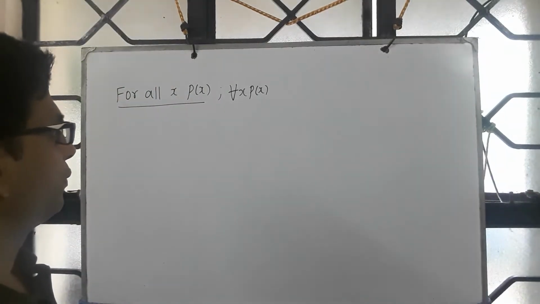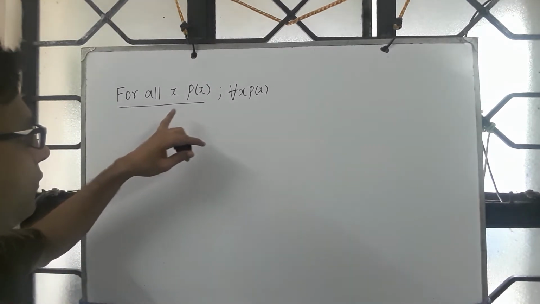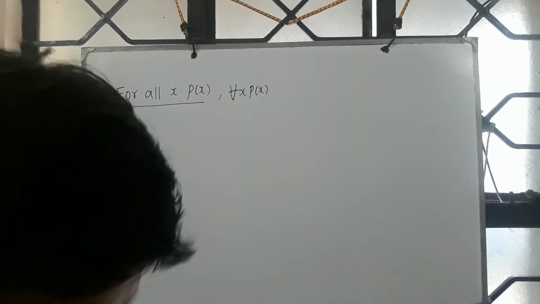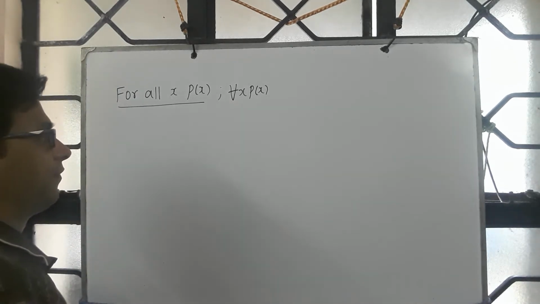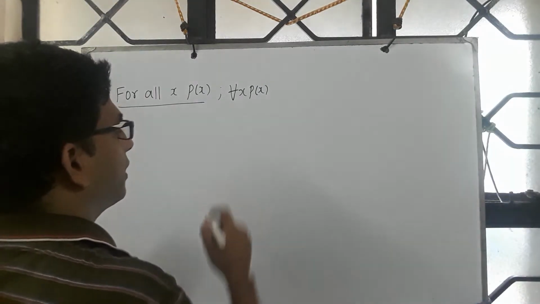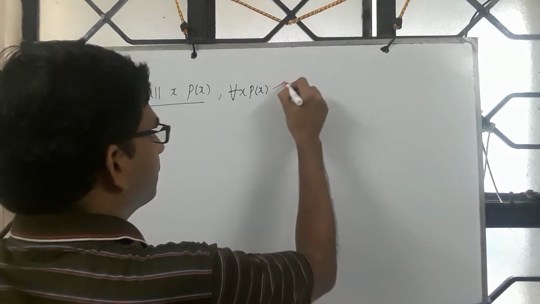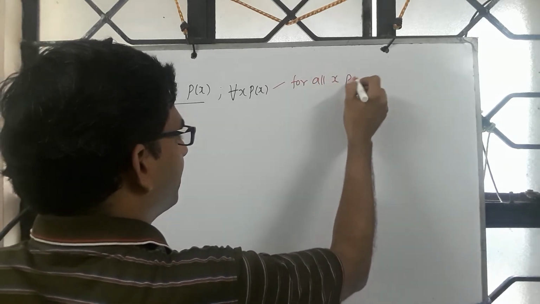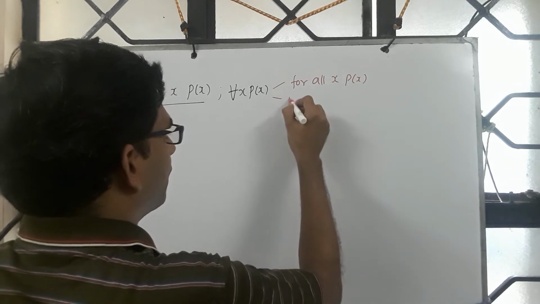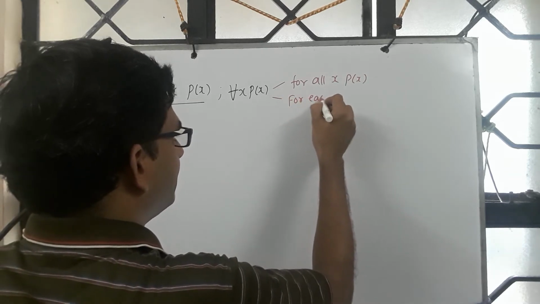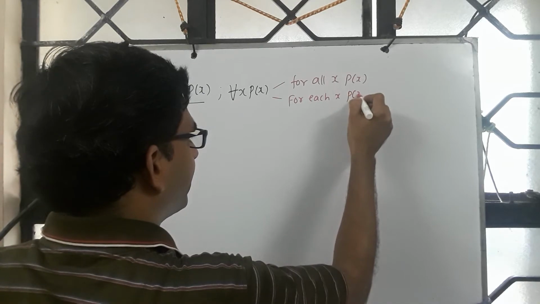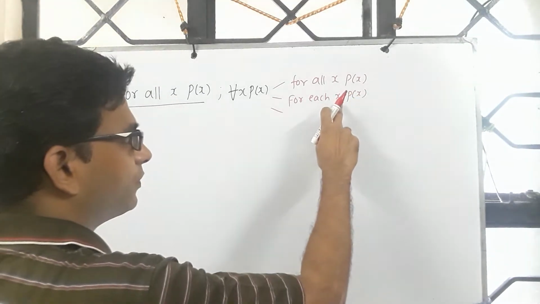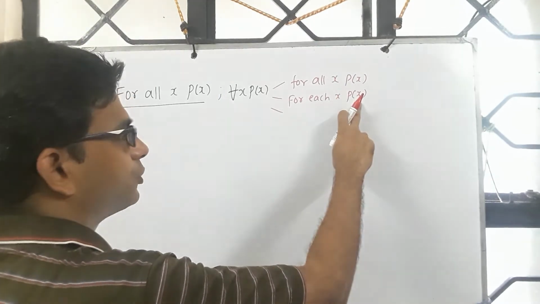Let us see the next quantifier, which is for all X P of X. In English there are various ways one can represent this. This means for all X P of X. So for each X P of X, for each element in the universe of discourse, the predicate P is true.